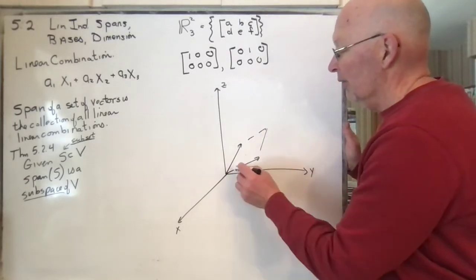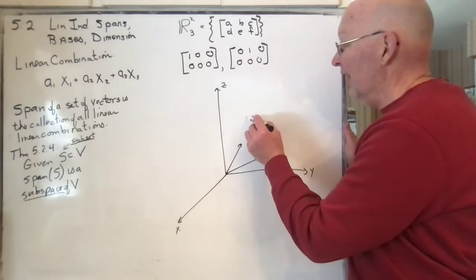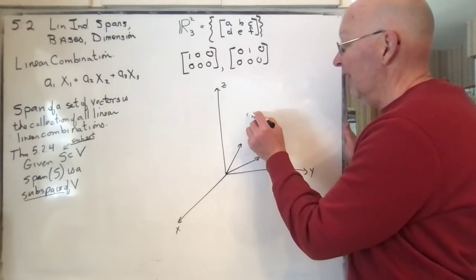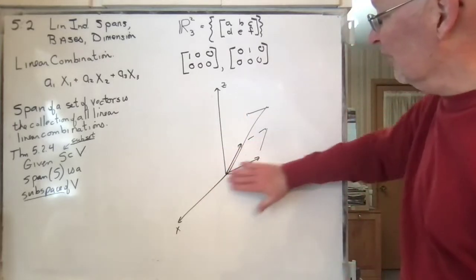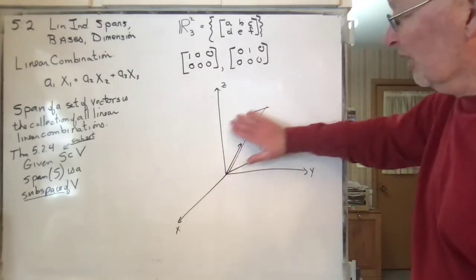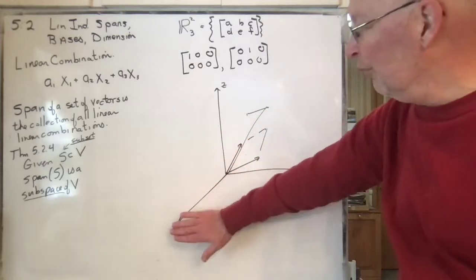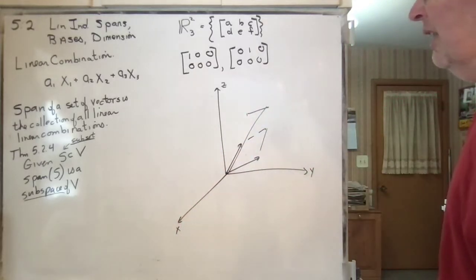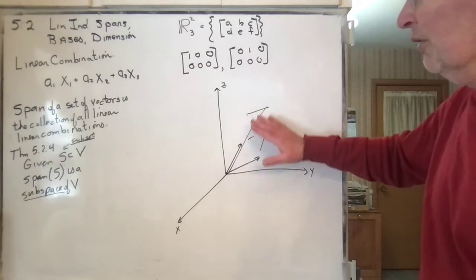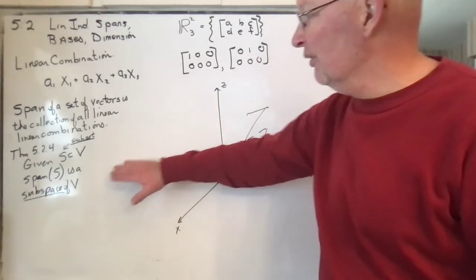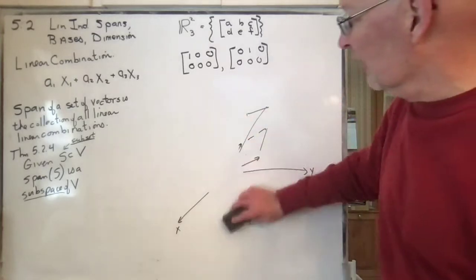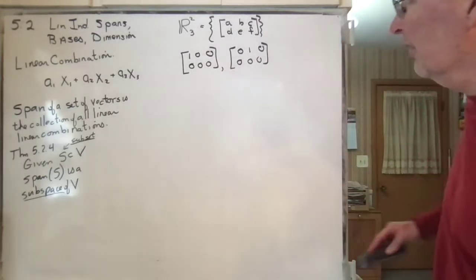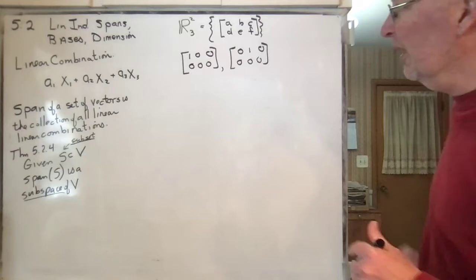If you multiply this one by 2 and then add this one, you're going to be right there. So you take all possible combinations of those vectors, you're going to end up with a plane that goes through the origin. Okay, that's going to be a plane that goes through the origin. So again, you start off with any set and you take the span of all those vectors, and you're going to get a subspace.